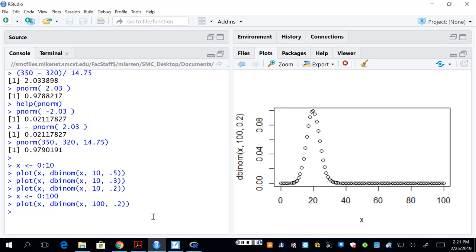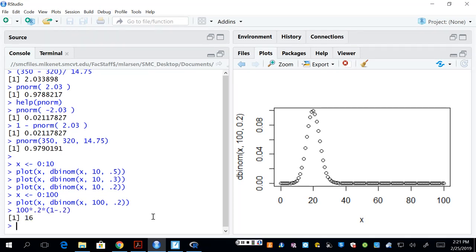So 100 times 0.2 times 1 minus that is 16, and that looks like a reasonable curve. The chance that you're above, say, 35 or 40 is practically zero under both.